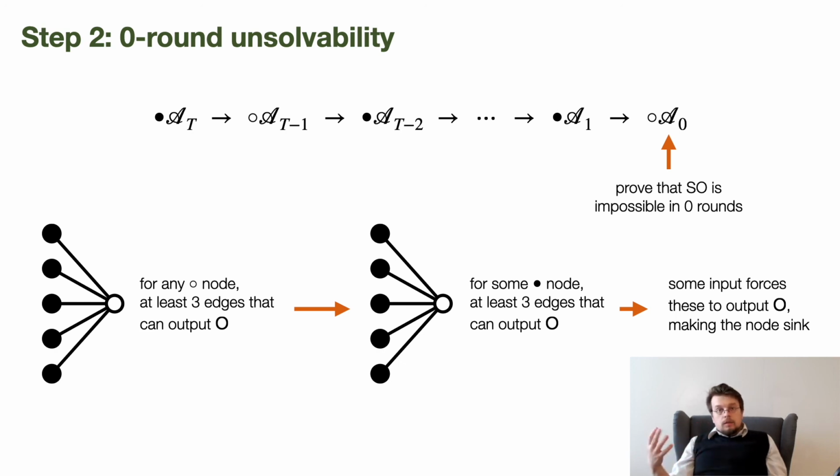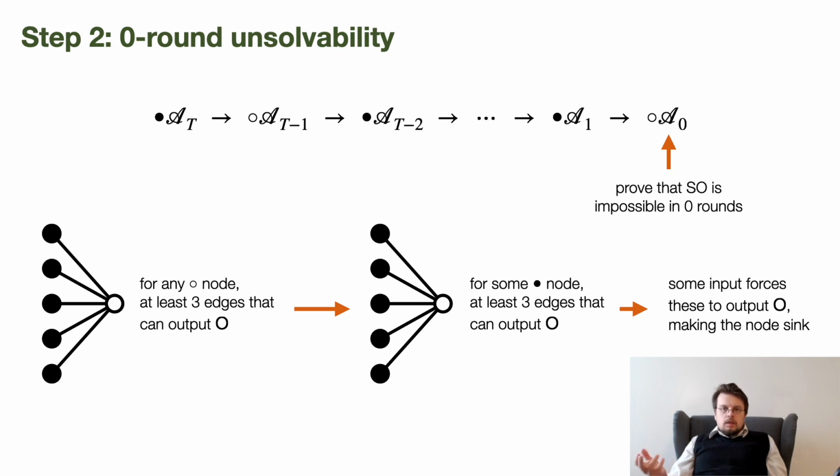And this is because otherwise you would have 3 edges that always output I, and if you just pick those 3 edges to the input, then this white node becomes a sink. So by a basic counting argument, this also means that there is at least one black node for which at least 3 incident edges can output O on some input.